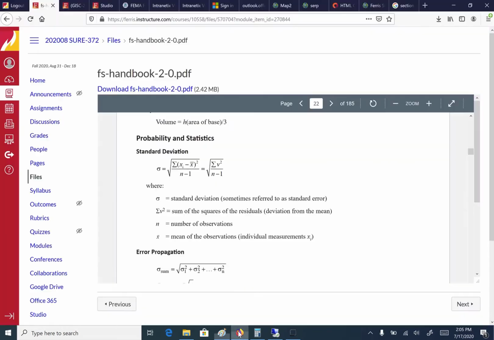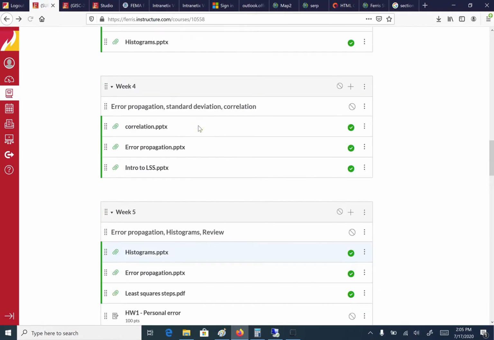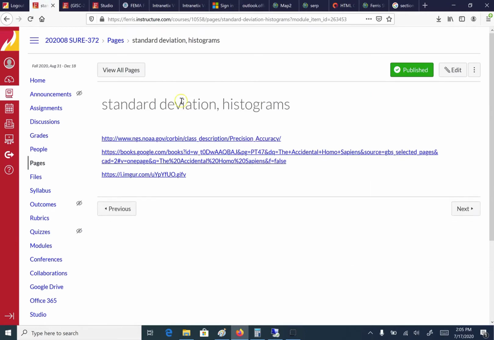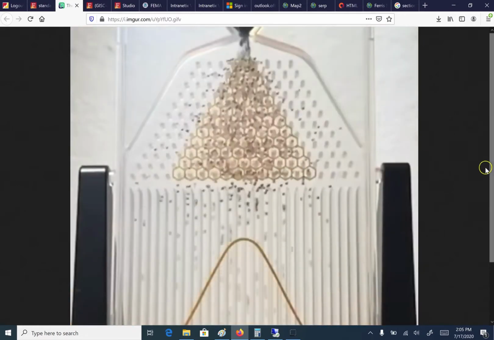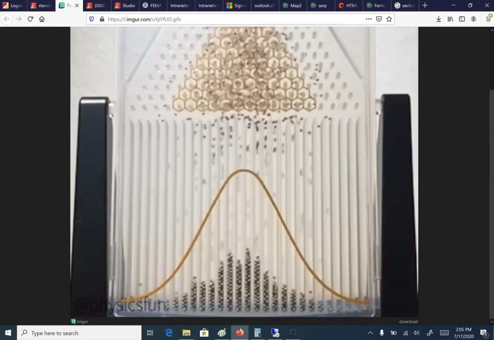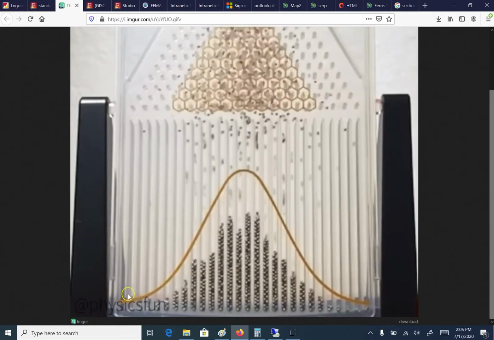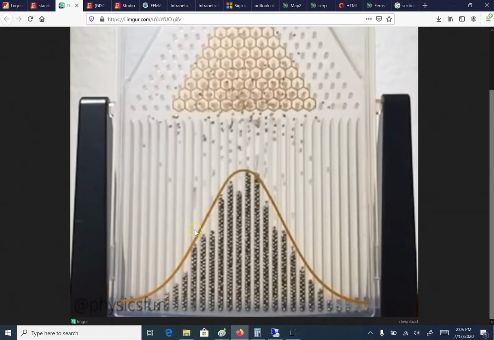And the distribution of the measurements usually takes on a Gaussian distribution. This is a Gaussian distribution, and there are all these little metal balls or pellets falling into this container.